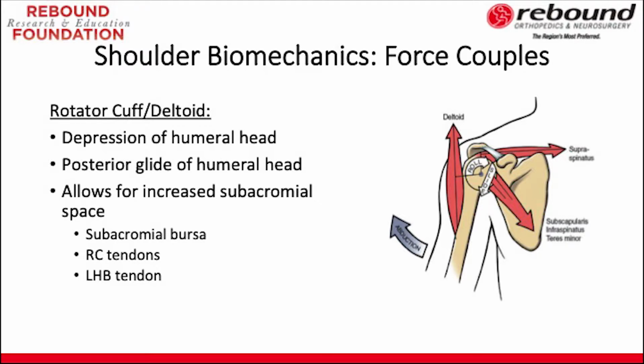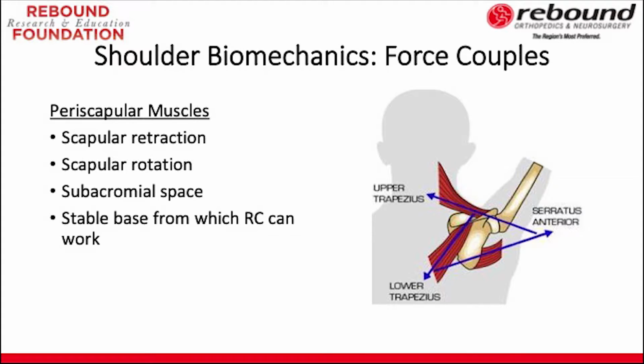And the periscapular muscles, those are the traps and the rhomboids, the serratus anterior, all the muscles that are around the scapula. Number one, they will pull the scapula back and down and increase the subacromial space.